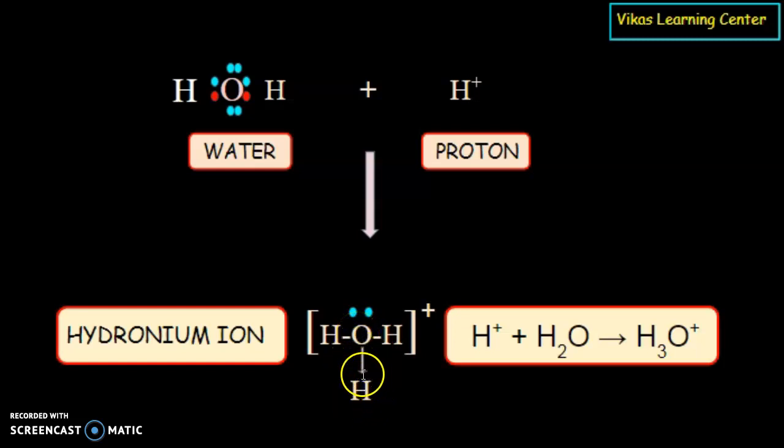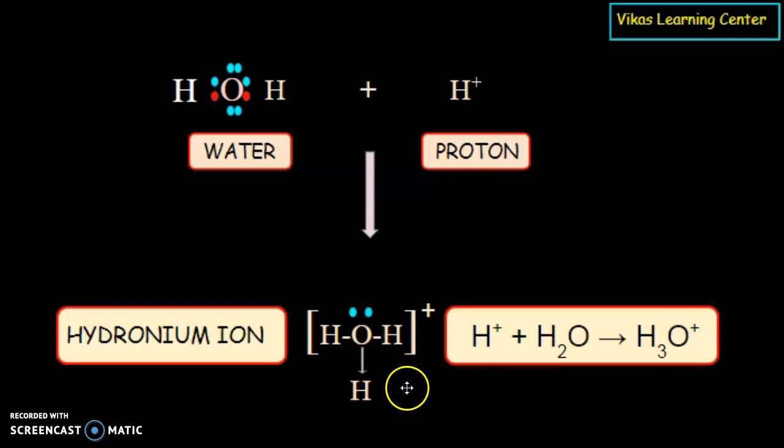The hydrogen ion is not at all providing any electrons to this oxygen atom or the sharing bond. Whatever bond is formed by the sharing of electrons between this oxygen and hydrogen, those electrons are provided entirely by this oxygen atom. And that is why the bond is called your coordinate bond.